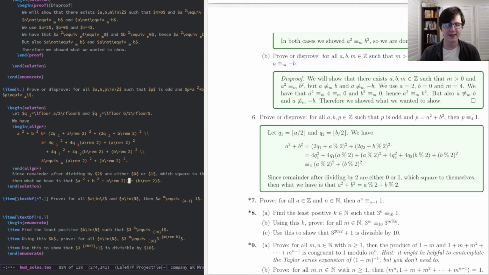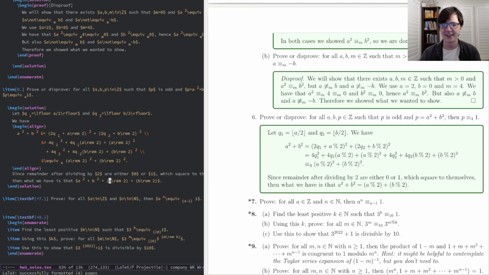I'll just add the parentheses back so you don't even have to worry about what the precedence is. Because, you know, remainders are not in PEMDAS. Or PEM, whatever it is.